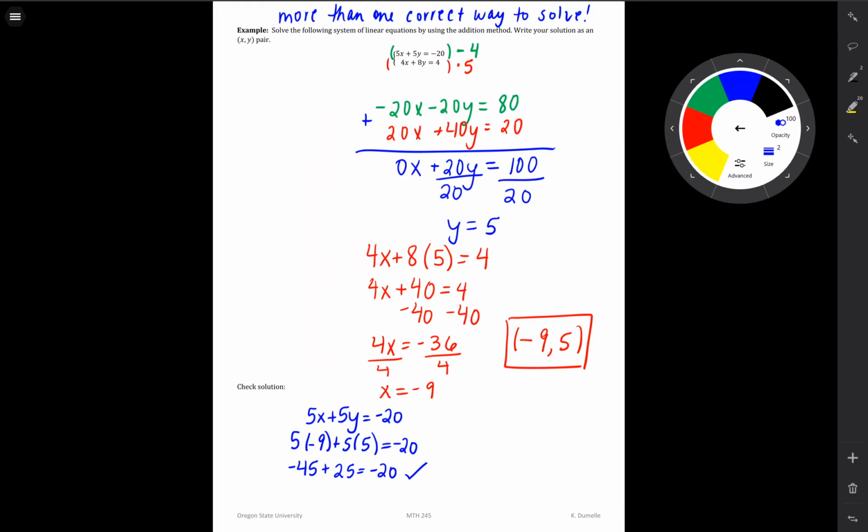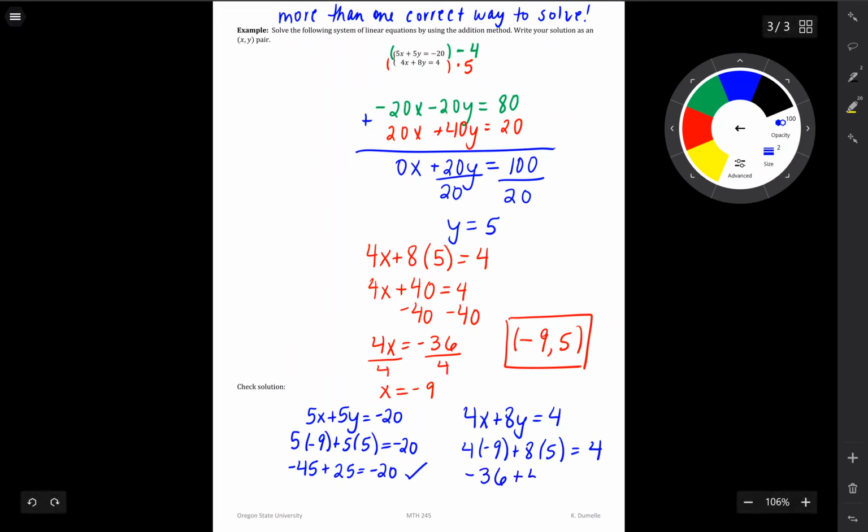And my second equation was 4x plus 8y equals 4. That gives me 4 times negative 9 plus 8 times 5 equals 4. So I have negative 36 plus 40 equals 4, which is true.